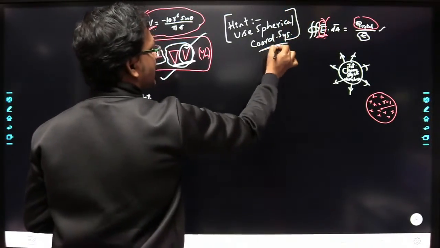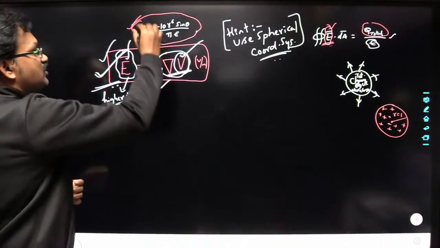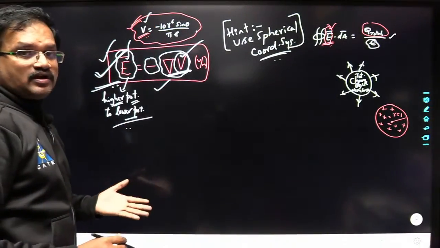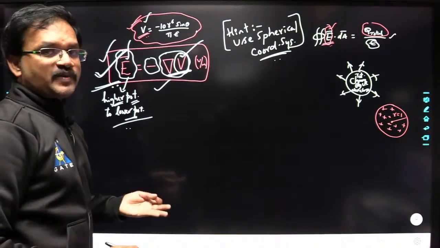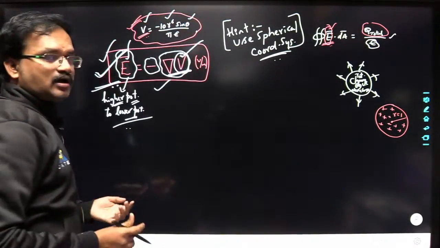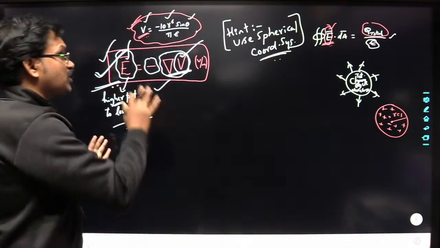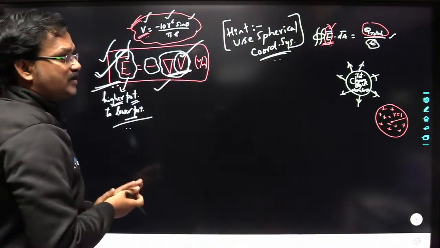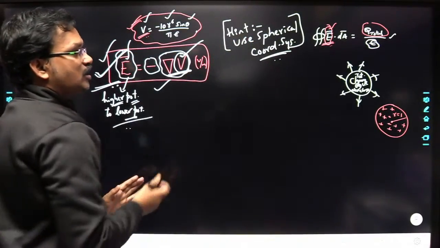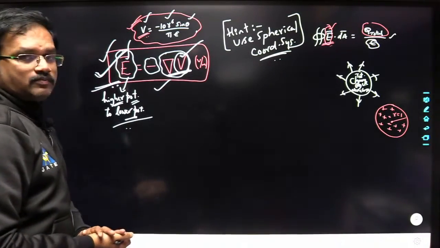Why? Because the potential distribution is given in terms of spherical coordinates, where r and theta are nothing but spherical coordinates. That's why they have given the hint to use the spherical coordinate system in order to solve this problem.